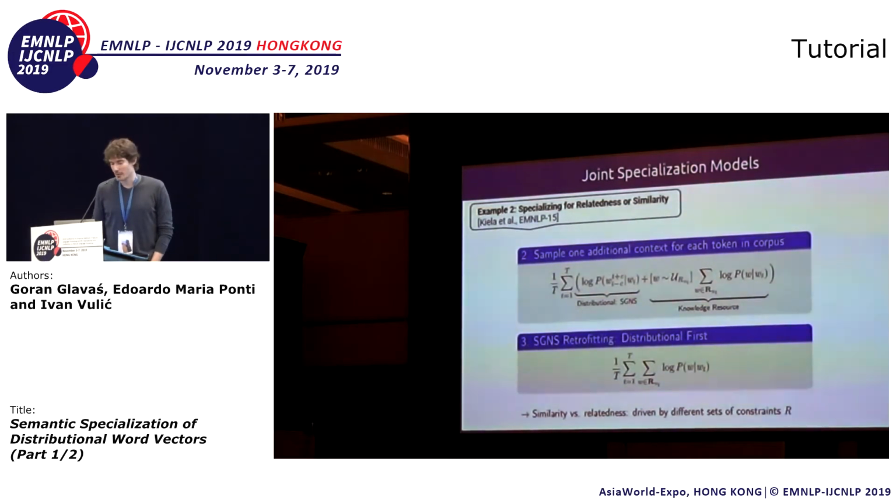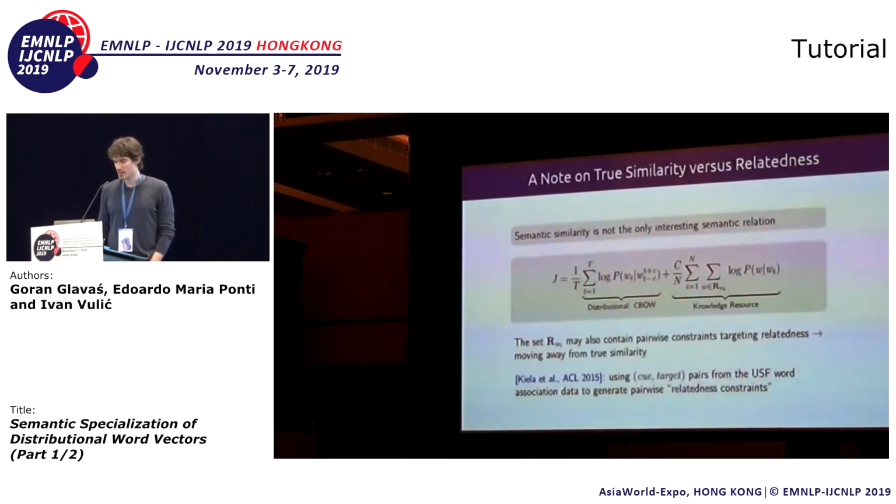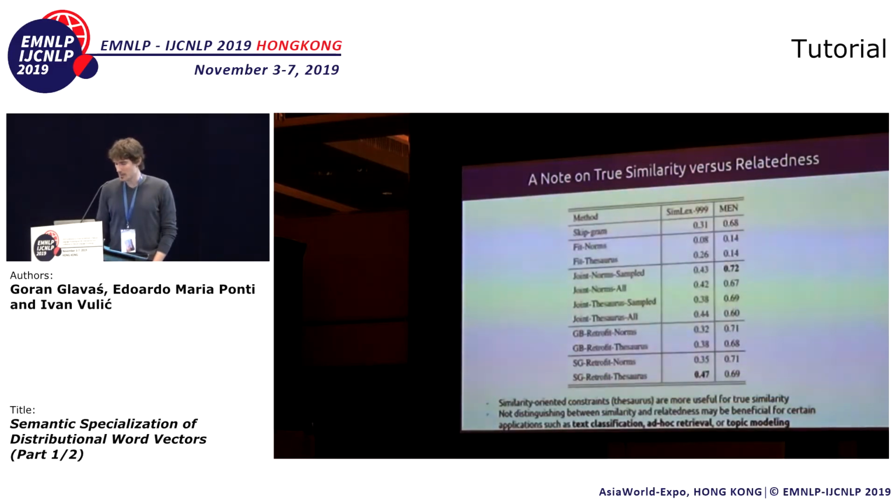And they evaluated on similarity versus relatedness data sets. Basically, they showed that if you use association relationships from USF versus thesauri information from some synonymy thesaurus, you can actually get better scores for SimLex with similarity specialization, and better scores on MEN, which captures relatedness, with association-based specialization.